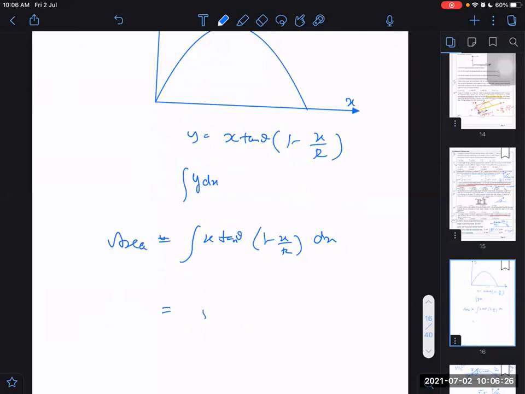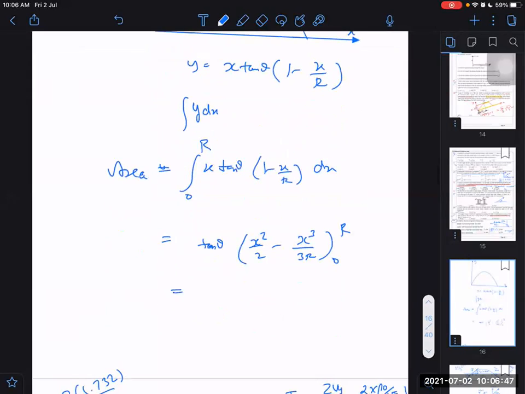That becomes tan theta into, x will go from 0 to the maximum range r, x square by 2 minus x cube by 3r. What is it finally?